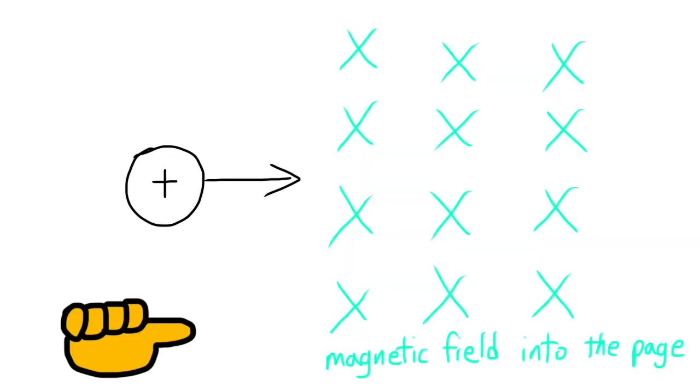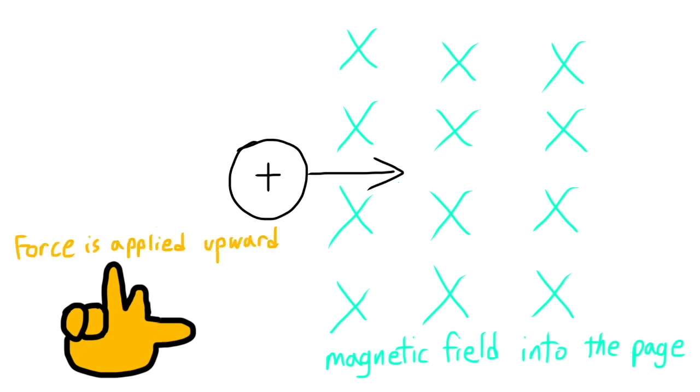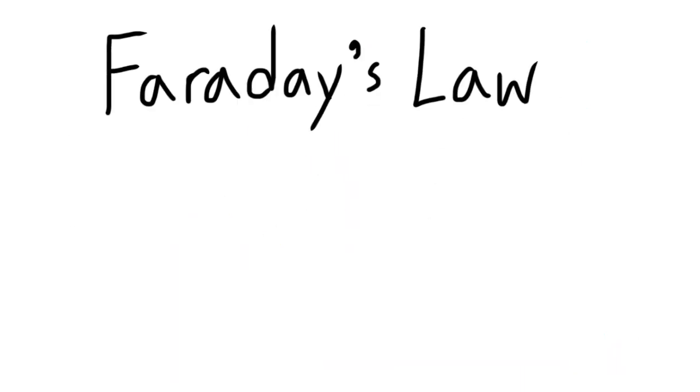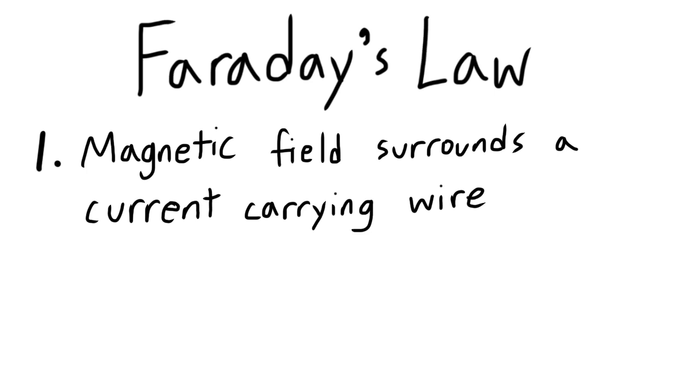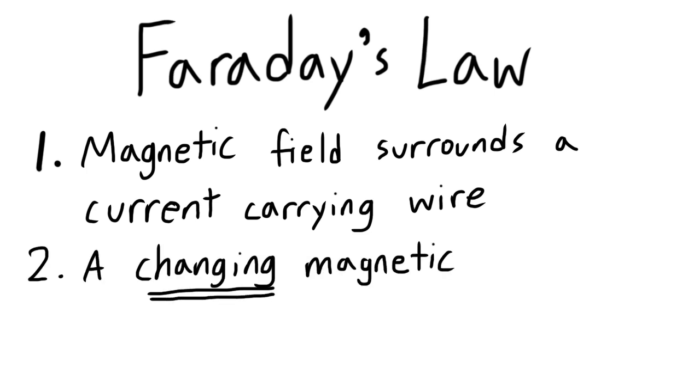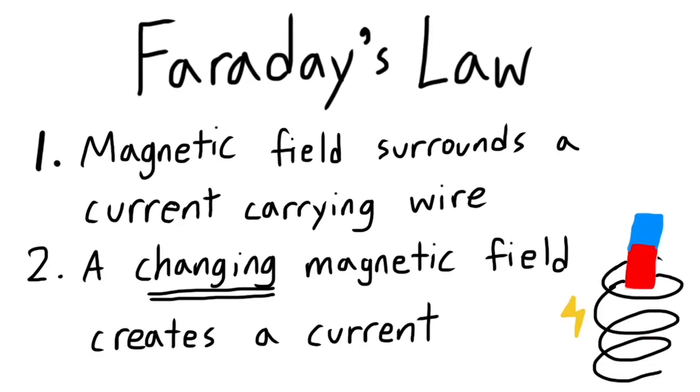In this example, the moving charged particle is going to the right, so point your thumb to the right, and then point your pointer finger into the page since the magnetic field is into the page. And then the middle finger will point upward, so the force is applied upward, so the moving charged particle will curve upward.